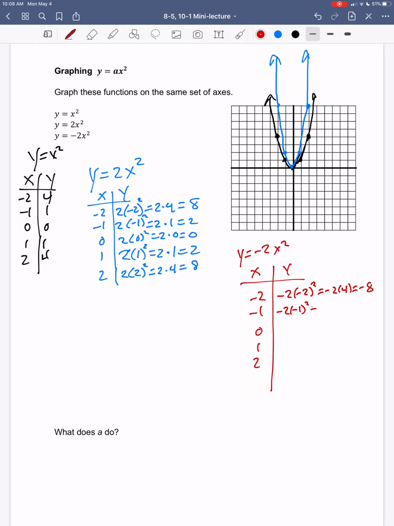If I plug in negative 1, negative 1 squared is positive 1, but then negative 2 times positive 1 is negative 2. Anything times 0 is 0. And we get similar results here. 2 squared is 4, so when I multiply I get negative 8.